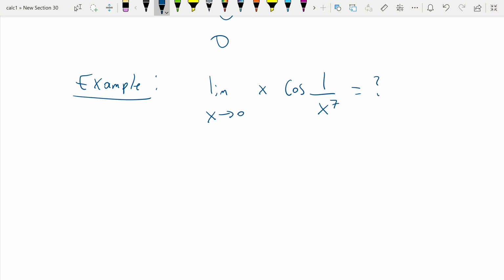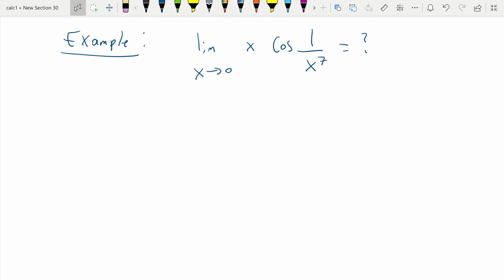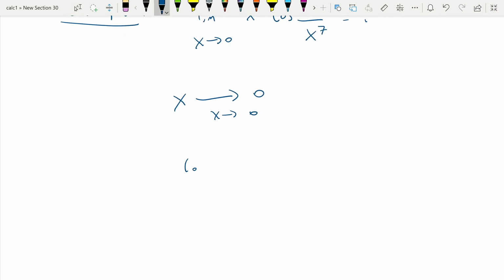Does this limit exist? Well, it does. Remember that all the questions it will ask you have to do with the squeeze theorem. You need to apply the squeeze theorem. It will boil down to the same thing. So you have a product of two functions: x to the 7th, which goes to 0 as x itself goes to 0, and a function that is bounded.